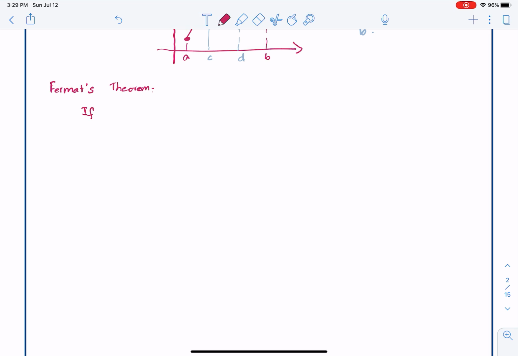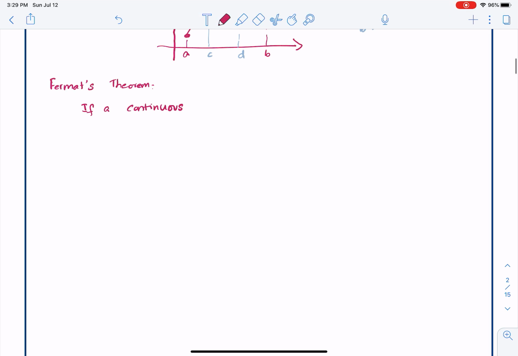So if a function has a minimum or maximum at x is equal to c, then f prime of c would be equal to 0.